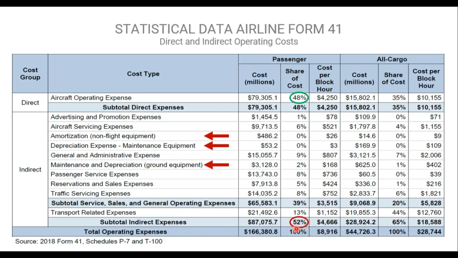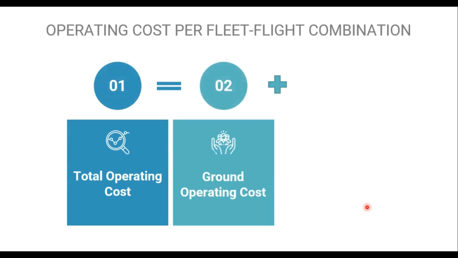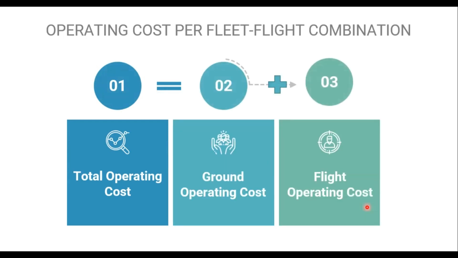This comes from what we call the Department of Transportation Form 41. It's part of the ICAO statistics, the BTS, the Bureau of Transportation Statistics, and they provide the airlines with all of these statistics. So the aircraft contributes 52% of the global airline economics through the indirect costs. This is a very huge percentage, by the way. Fuel percentage is still important, but the indirect costs you need to take into consideration.